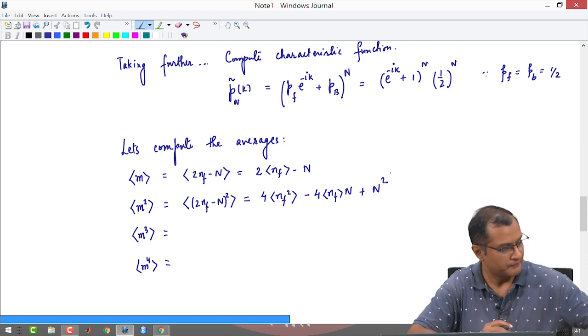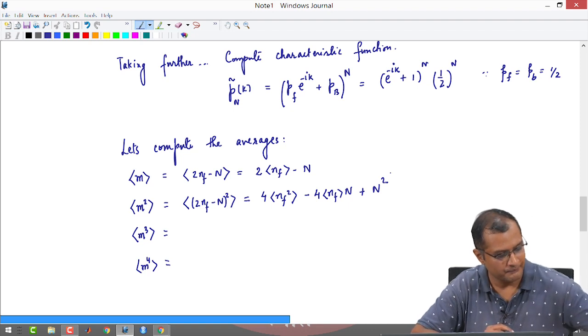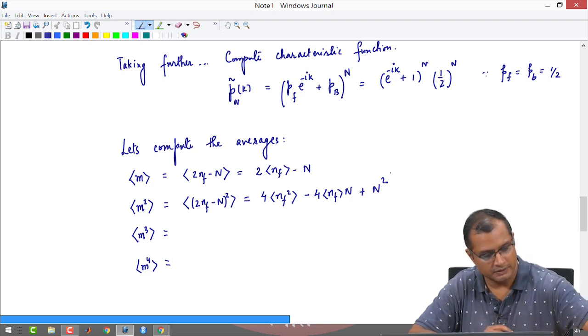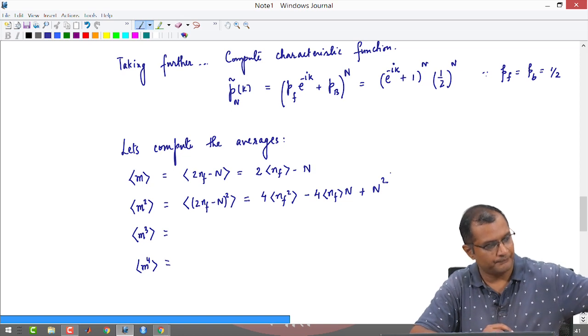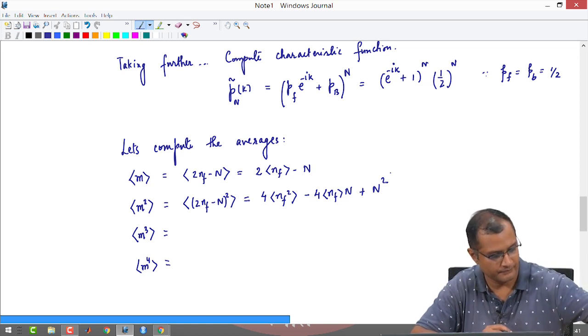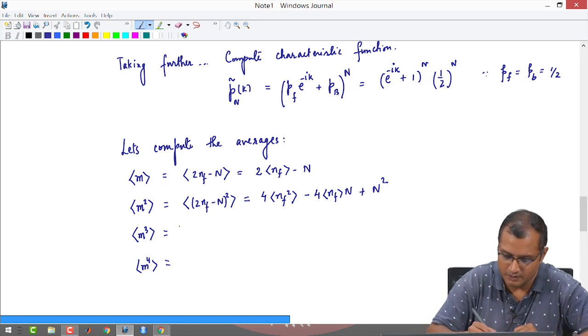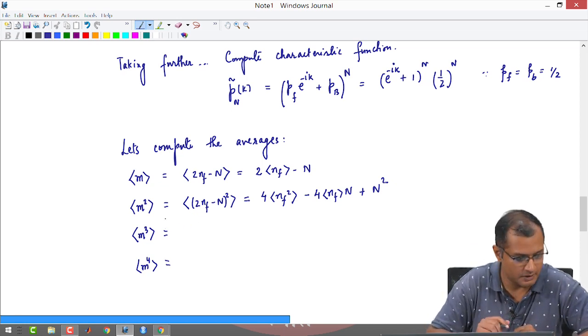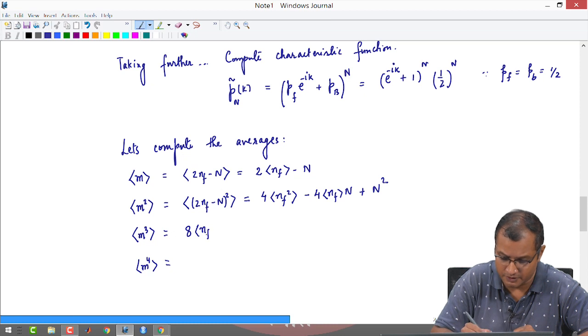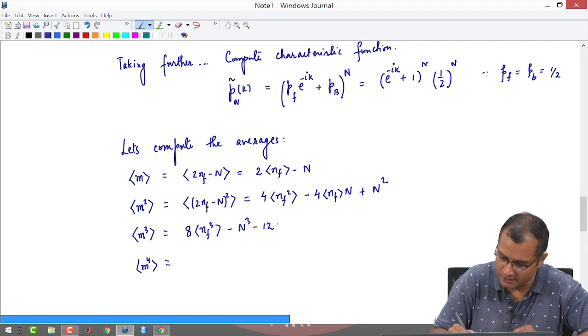And similarly, you can compute the other values for moments. I am just writing it down from my notes, but you can compute them on your own and verify that this is correct. Okay. So, let me just write down the values directly, you can compute them by yourself.